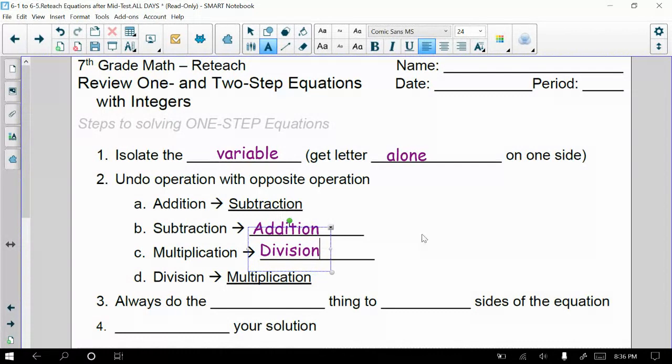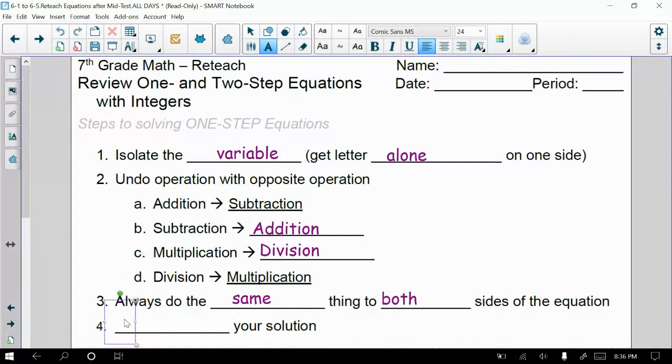Whatever you do to one side, you always do the same thing to both sides of the equal sign of the equation.